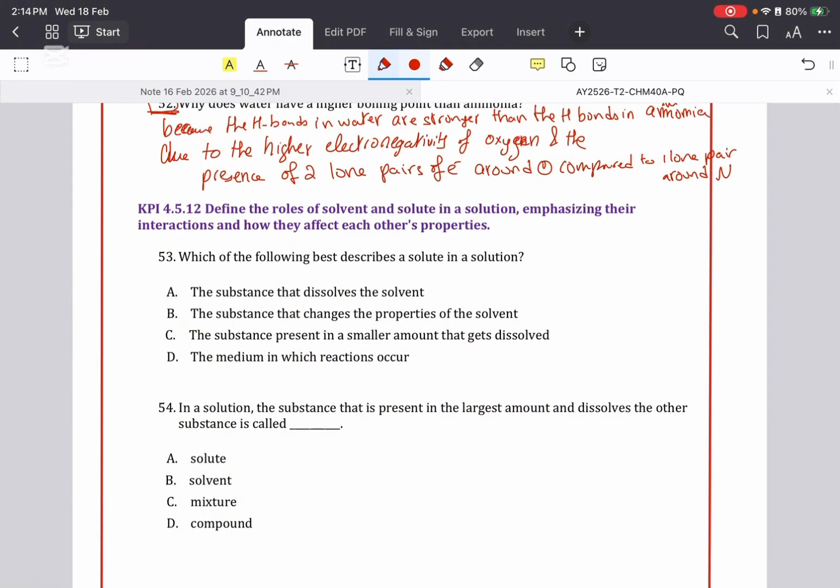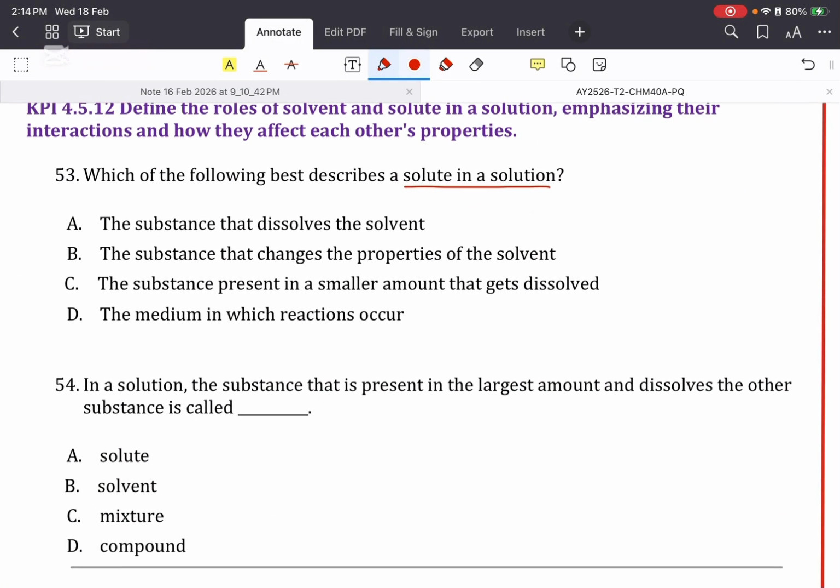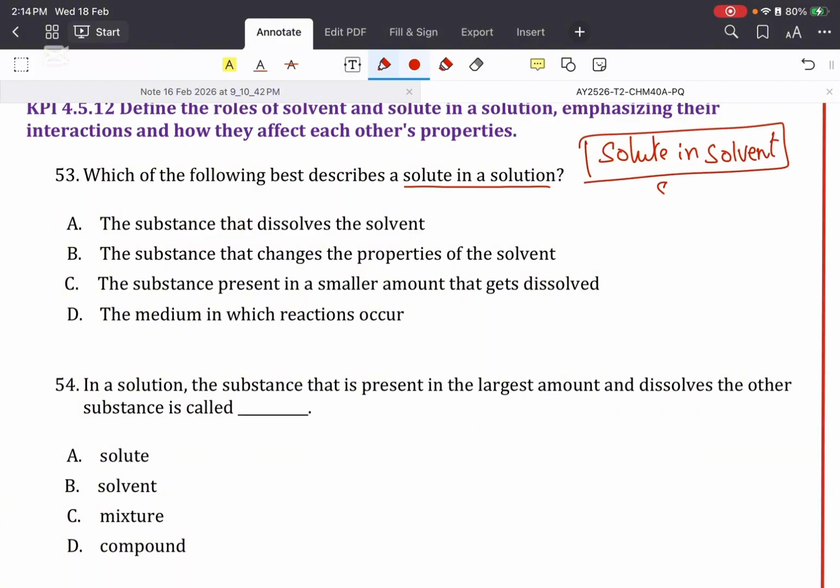Which of the following best describes a solute in a solution? So to create a solution, we dissolve the solute in the solvent. Together, they make a solution. So here, it's the substance that dissolves in the solvent, not dissolves the solvent.